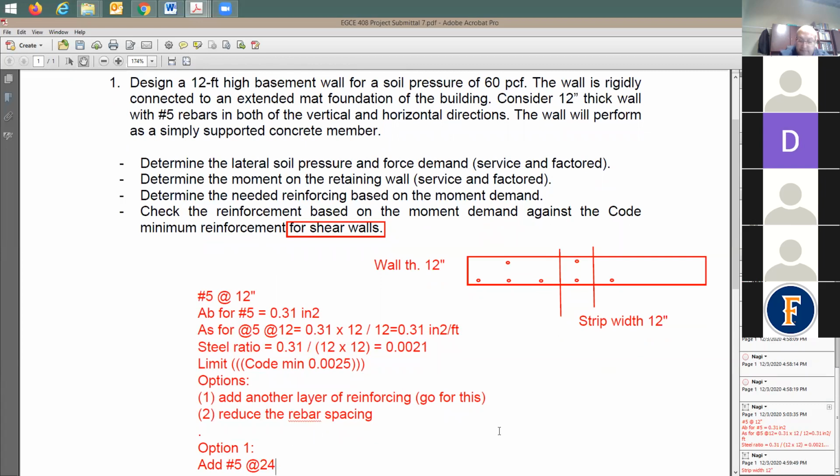How much is this As? As equals the top value, which is the 0.31. You remember this? I need to add it. It's still there. Plus number 5, 0.31 times 12, divided by 24.